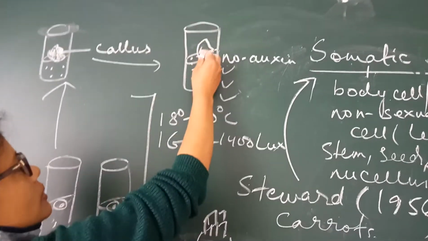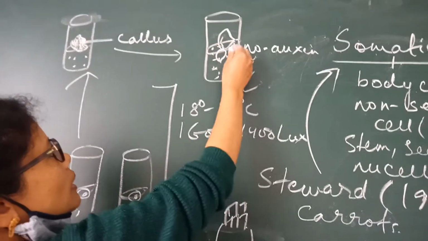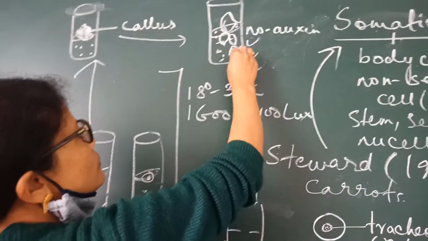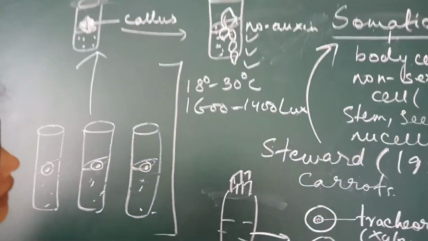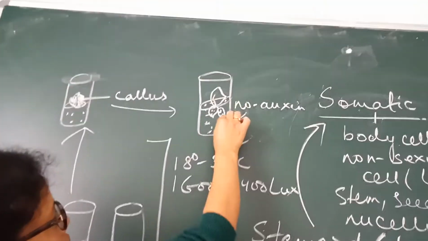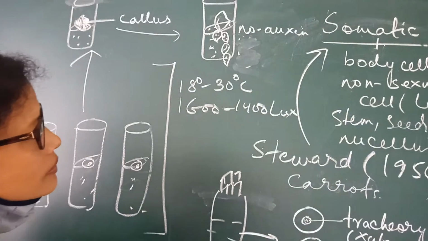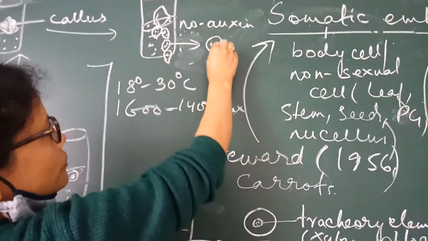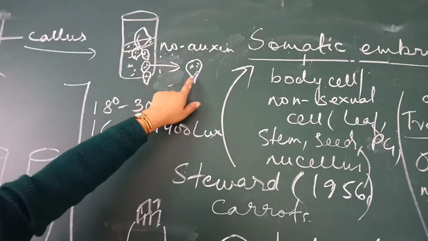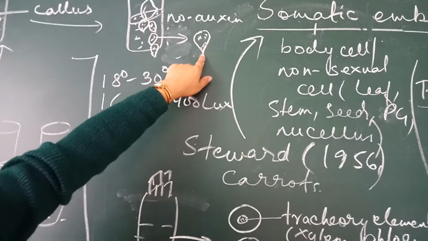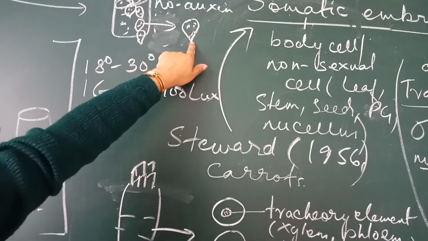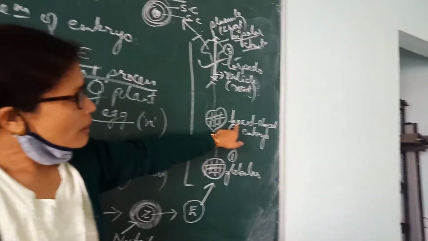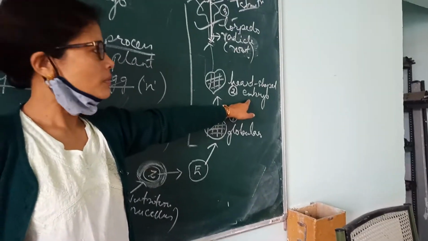From this callus, he could see heart-shaped structures arising. Many heart-shaped structures arise from this callus. He took the structure and analyzed it under the microscope. When he analyzed it, he found that these structures are actually the heart-shaped embryo.